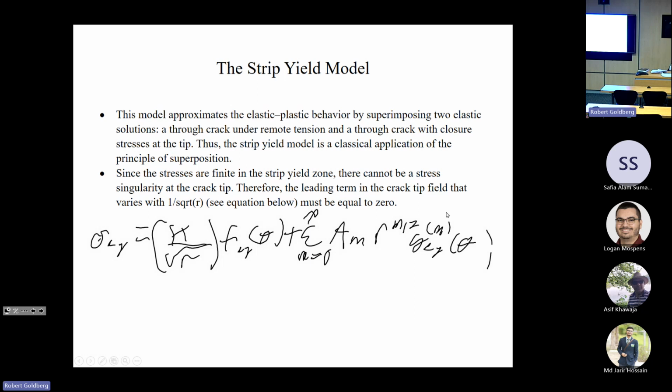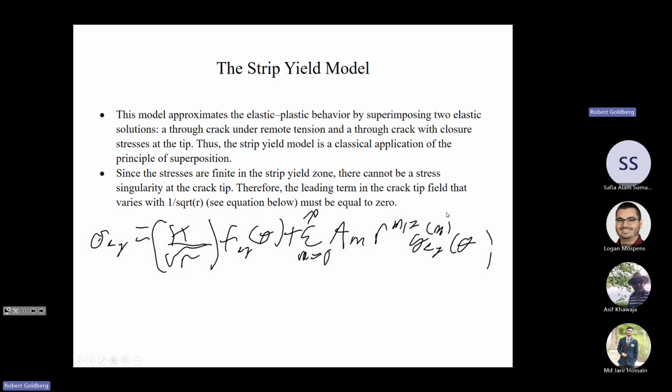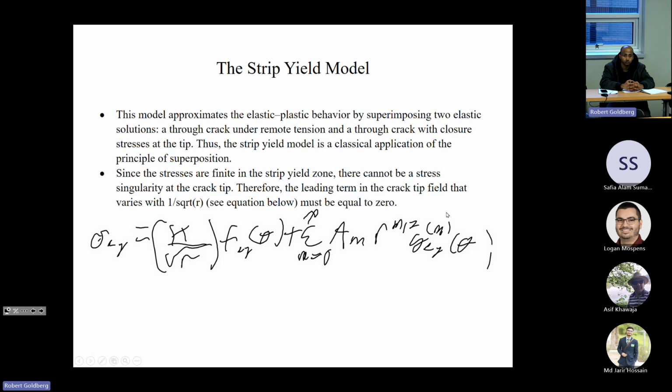So this was our general equation for the stresses at the crack tip.